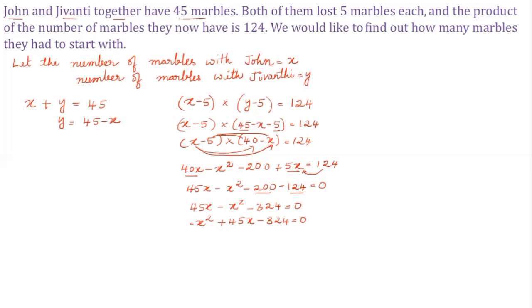We can keep it like this only, or we can change the sign of the first term. To change the sign we have to change the sign of all the terms. Minus x square becomes plus x square, plus 45x becomes minus 45x, minus 324 becomes plus 324 is equal to 0. So x square minus 45x plus 324 is equal to 0 is the quadratic equation.